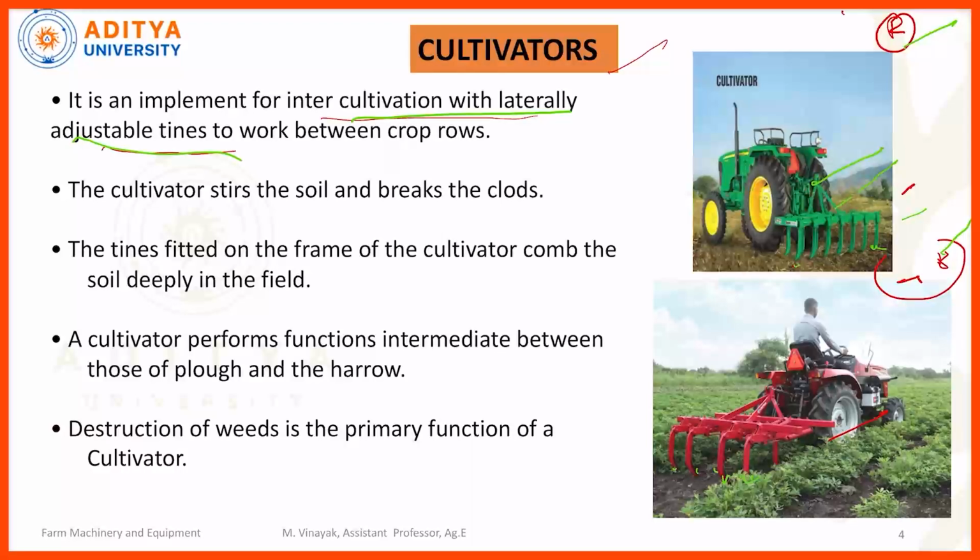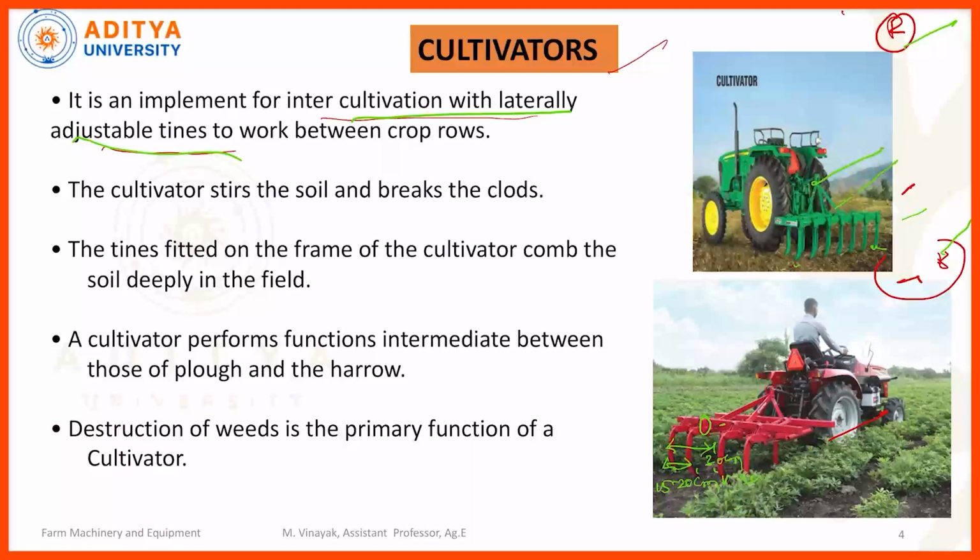Here we can maintain 15 to 20 centimeters. If more space is required, by using these clamps we can adjust the tines. We can cover almost 30 centimeters spacing, so if required, the farmer can change the tine spacing.